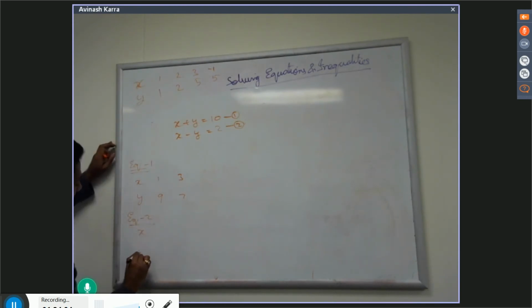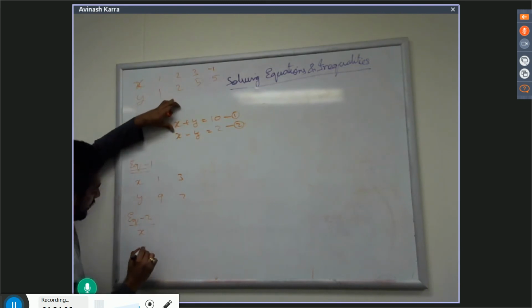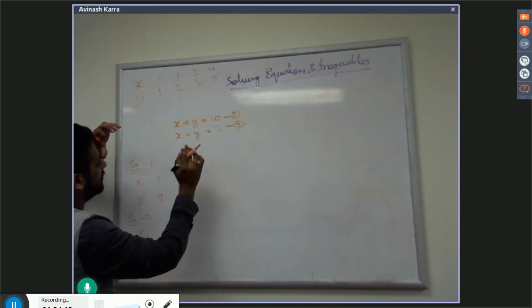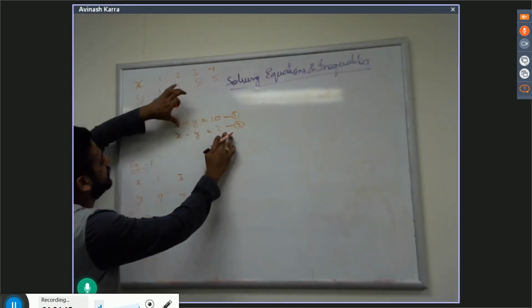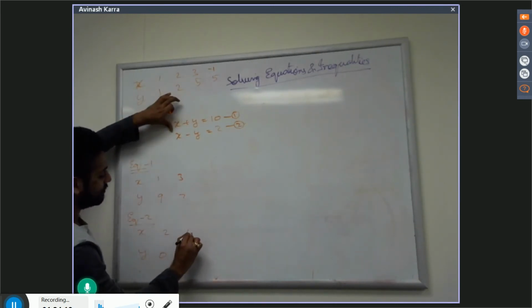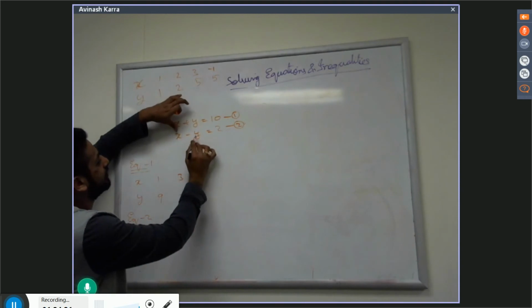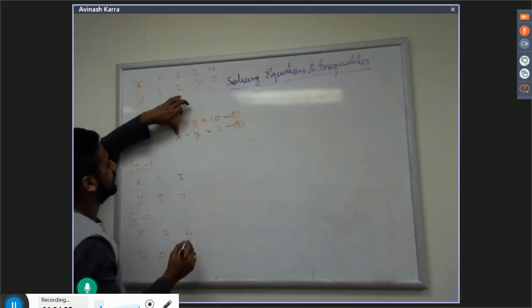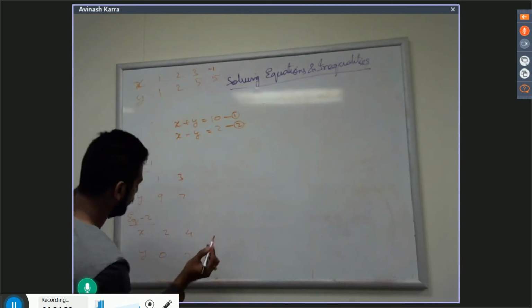When x equal to 2, y will be, y goes this way, 2 minus 2, 0. When x equal to 4, y goes this way, 4 minus 2, 2.